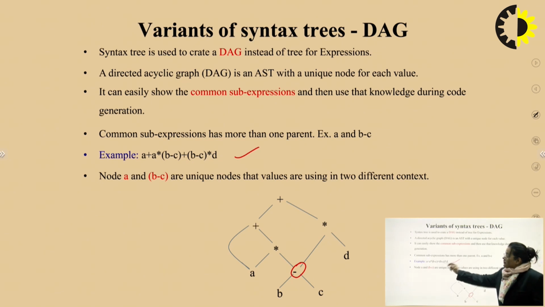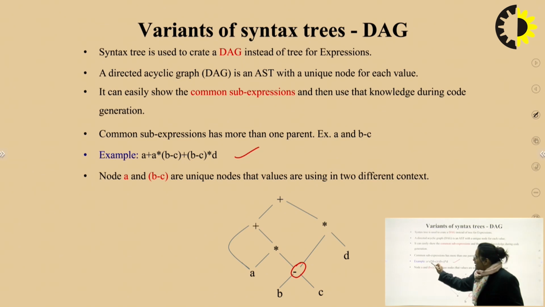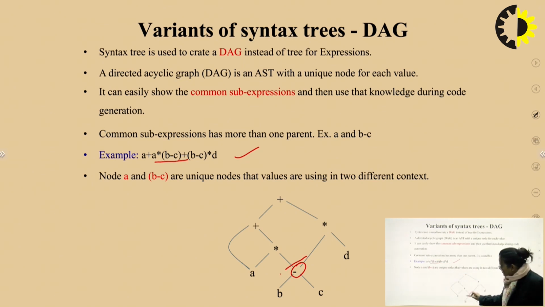First, a is a leaf node. After that, b - c: b is the left child of the minus node and c is the right child of that node. After that, a * (b - c).